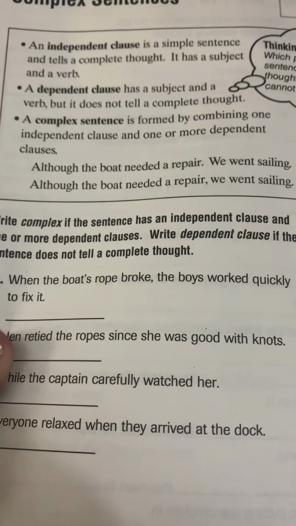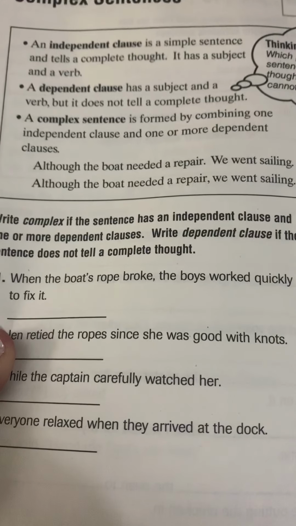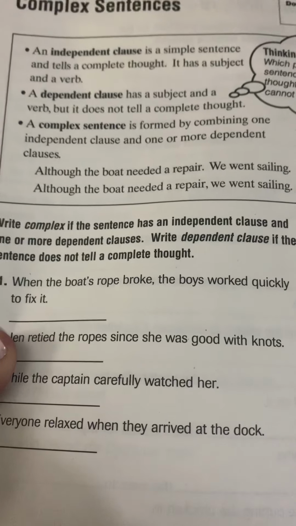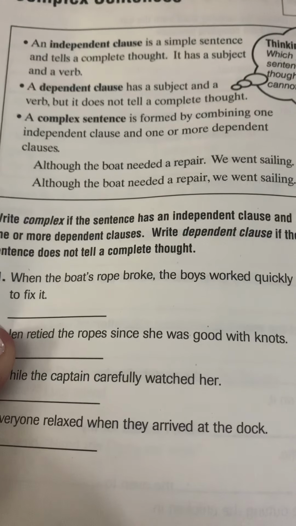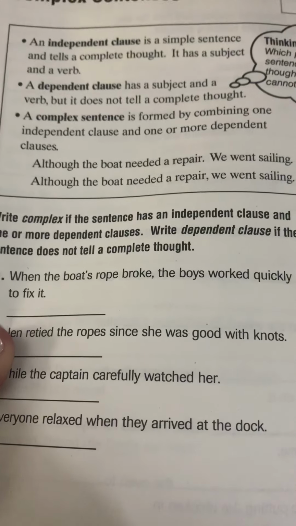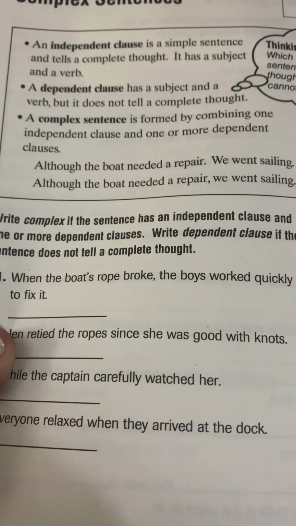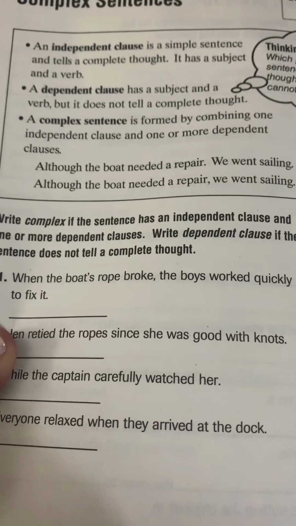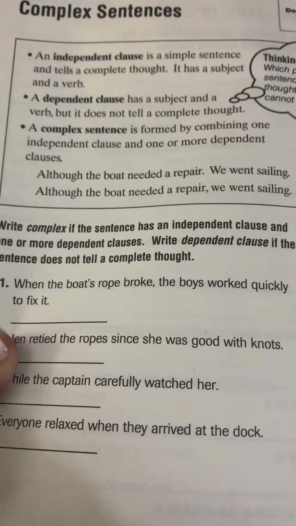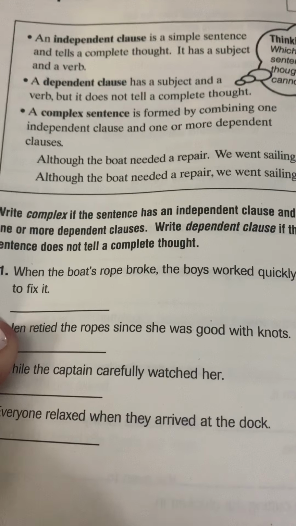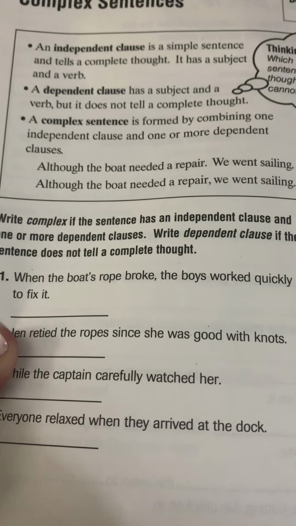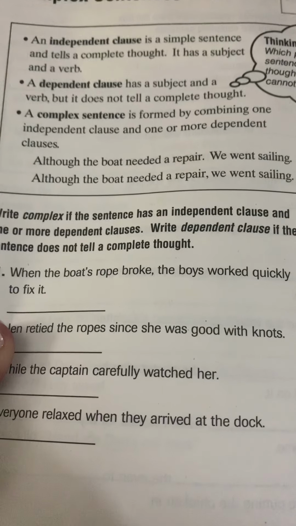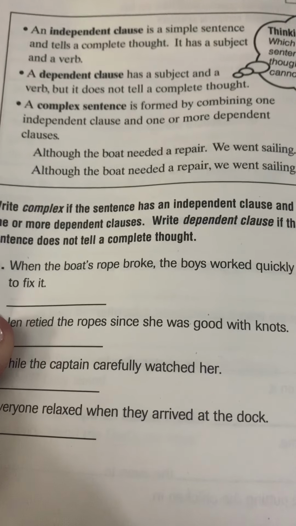For example, we went sailing. That would be an independent clause. It is a simple sentence. It tells us a complete thought. It has a subject, it has a verb. We is the subject. We went sailing. It has a complete thought there. It's got the subject, it has the verb. That is what we call an independent clause.